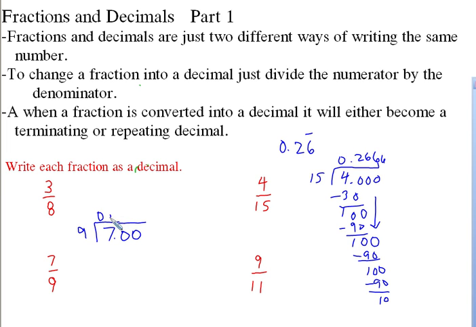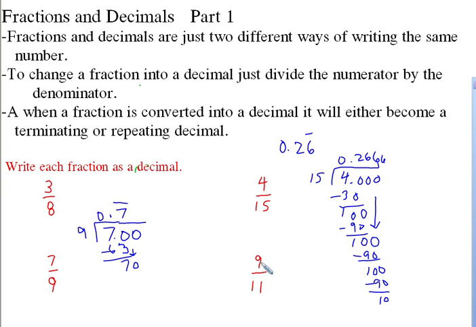It goes in a total of 7 times. And when you do that, you end up with 63. And check it out. Oh, I got 70 again. So I know that it's just going to keep on going, 0.7 repeating, because I'm going to keep getting that 70 each time I put another 7 up here.